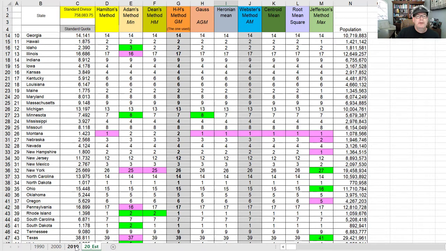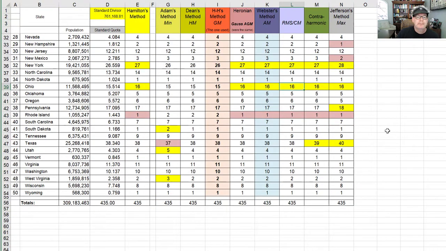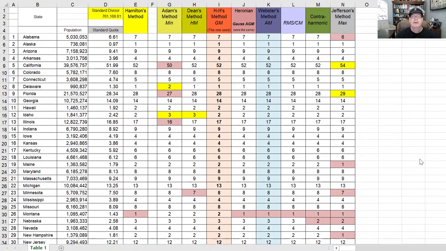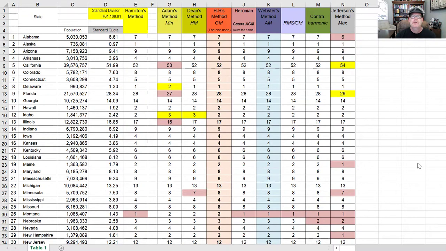But just a quick look at what would happen year by year. So this is the true 2020 apportionment based on all the different rules. I separated Hamilton, so the divisors, as where you round gets bigger and bigger. So Adams, you just always round up. The min, you round over the min.